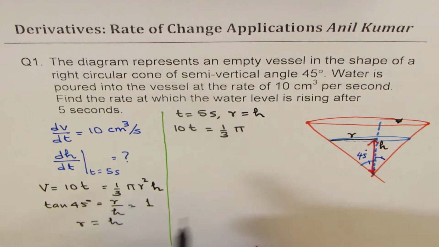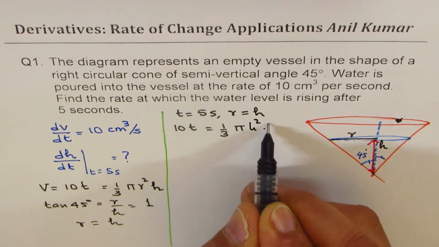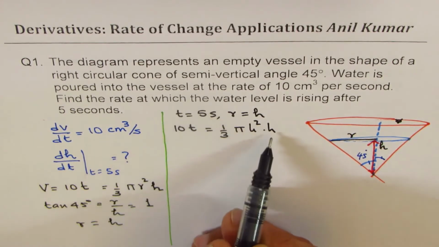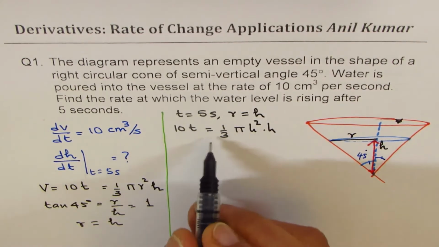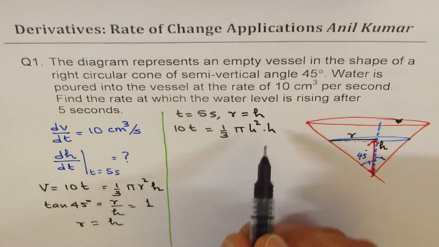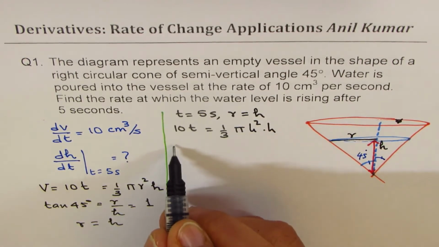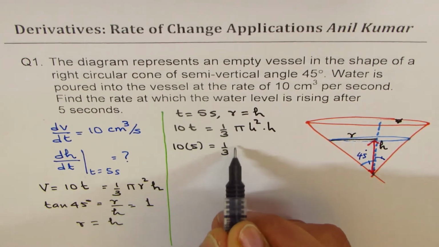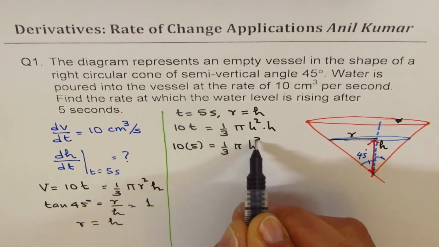Let's replace r with h, so we get h squared times h. If I substitute t as 5, I can write what h is. Rearranging, we get 10 times 5 equals 1/3 pi h cubed.